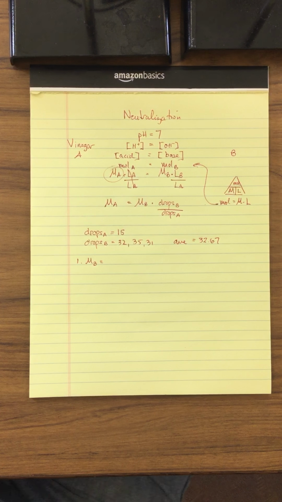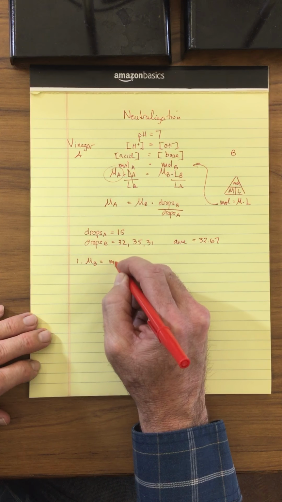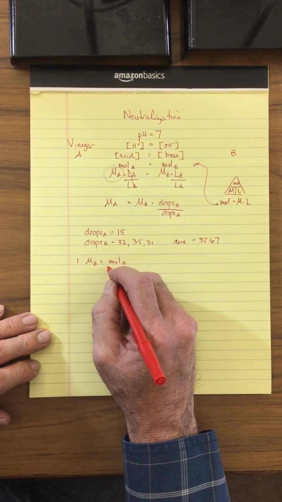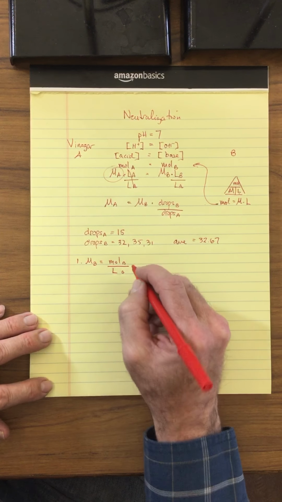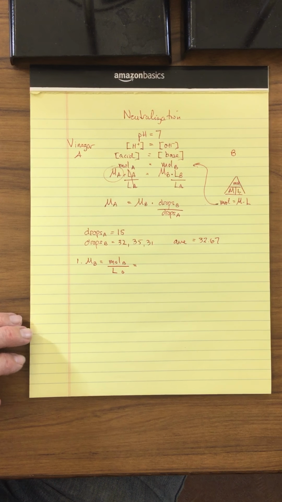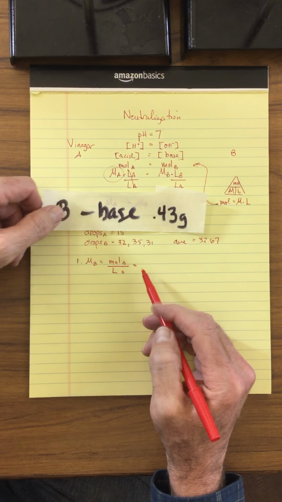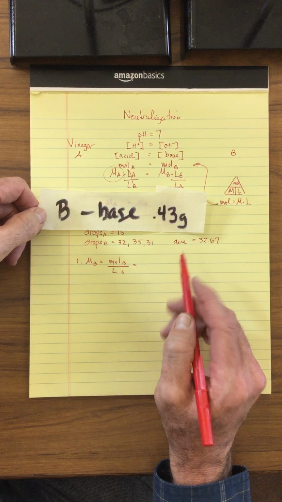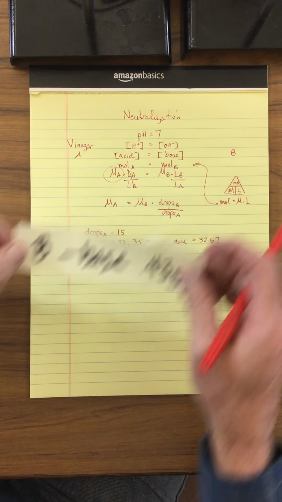So going back to molarity, molarity is equal to moles over liters. I need to have my moles of my base divided by the liters of the base. Now, we have a starting mass right here, and we used 0.43 grams. Grams is synonymous with moles, if you remember doing this on one of our handouts.